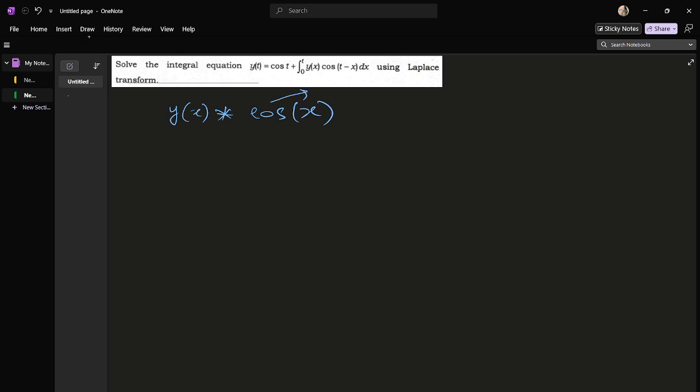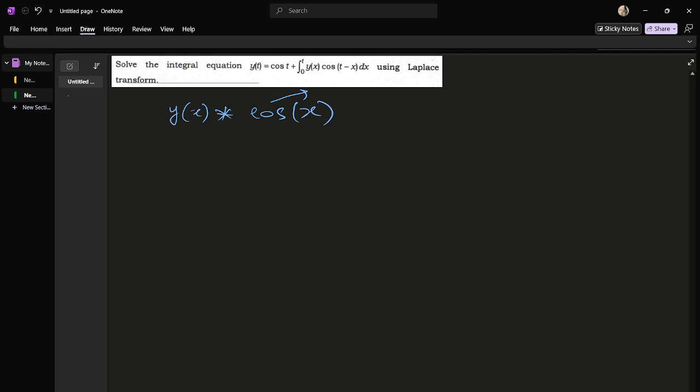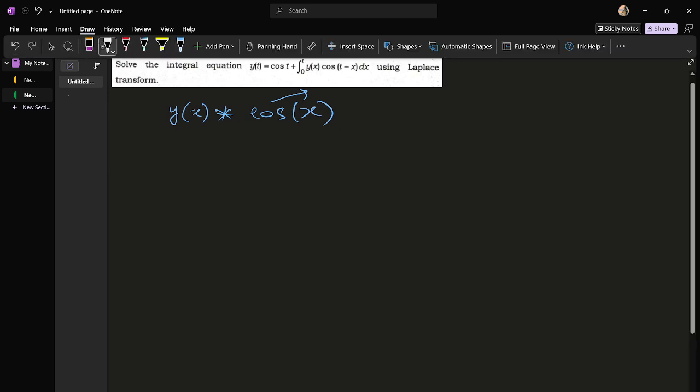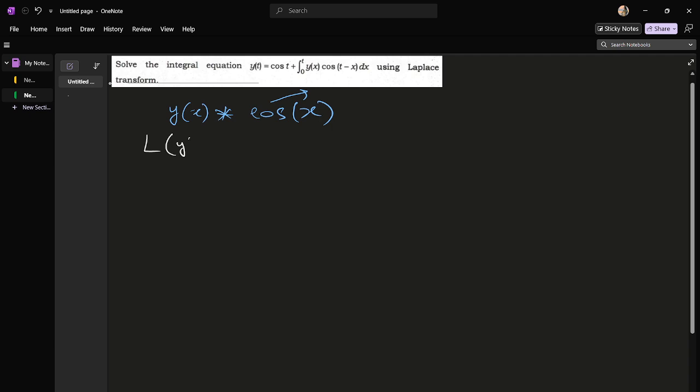So now we are taking the Laplace transformation in our equation on both sides. Then it will be L of y(t) and L of cos t, in this form.